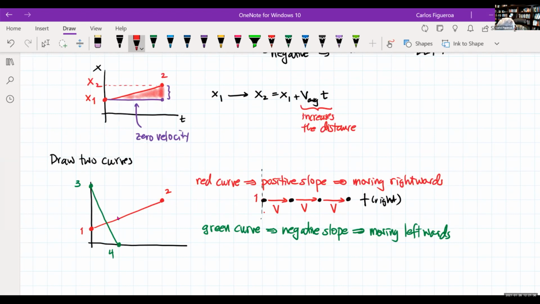So maybe I can draw point 3 over here because it's much farther to the right than point 1 is. But because it has a steeper slope here, that means that my dots are farther apart. So when I look at my arrows, these arrows have to be what? Longer.